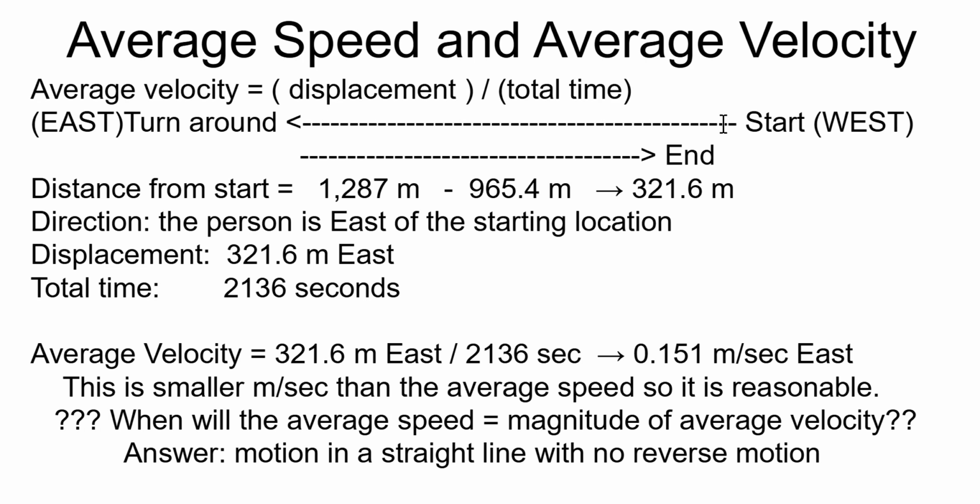If we calculate the average speed here and we calculate the average velocity just on the eastward part of the motion, we'll get the same number for the magnitude of the average velocity and the speed number. So keep that in mind. Usually the average speed number is going to be larger than the average velocity number.